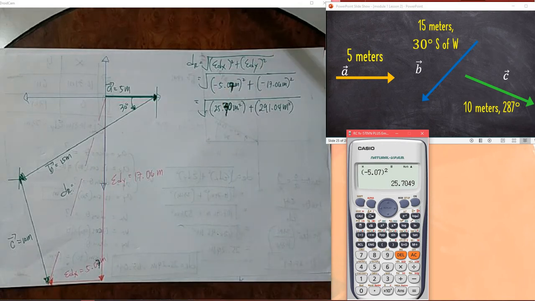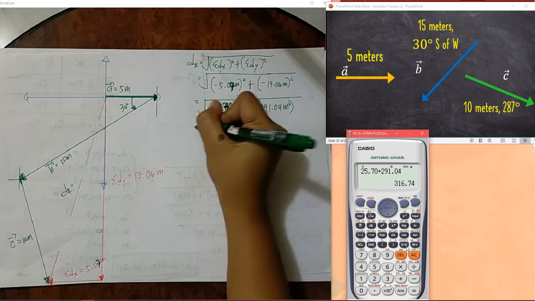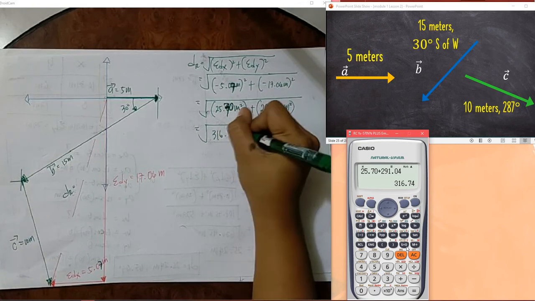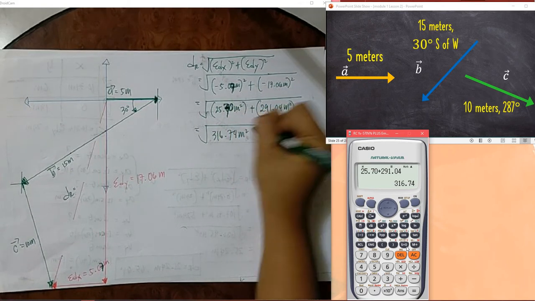Okay, so let us add the two values. We have 25.70 plus 291.04. That is equal to 316.74. So square root of 316.74 meter squared.